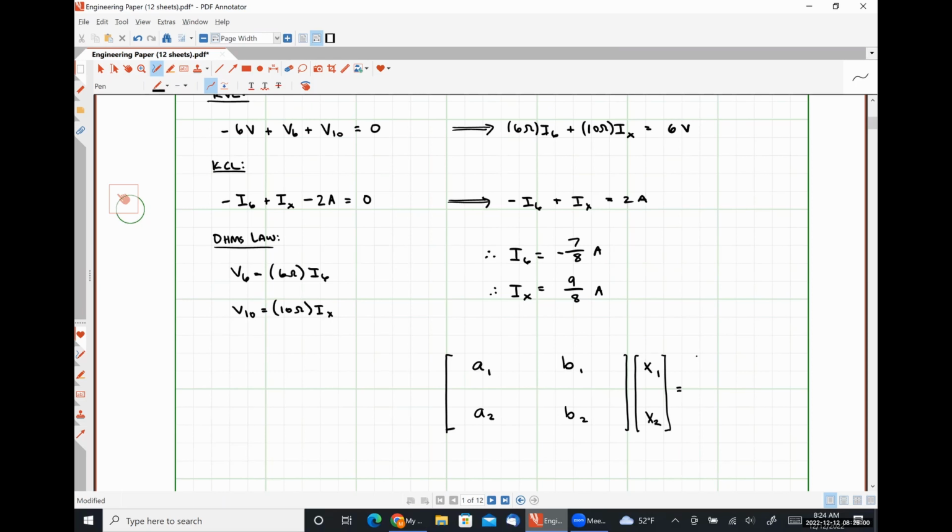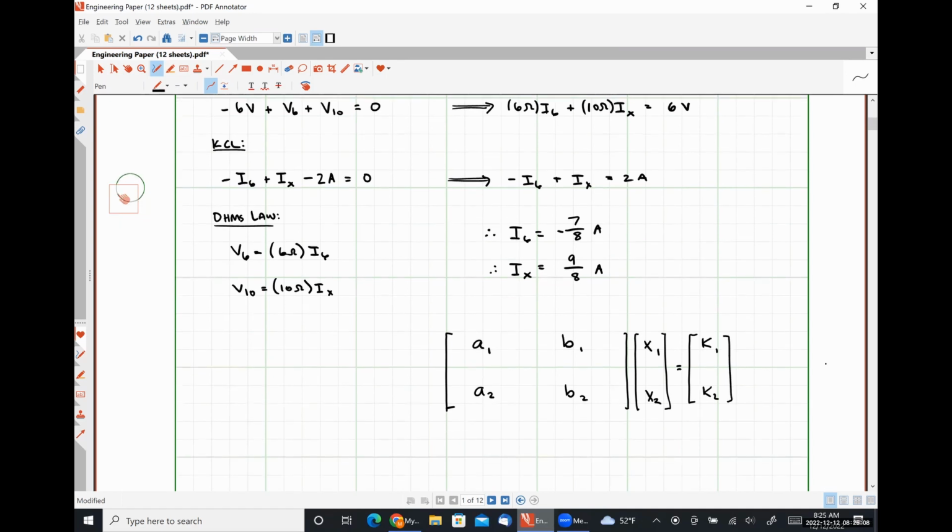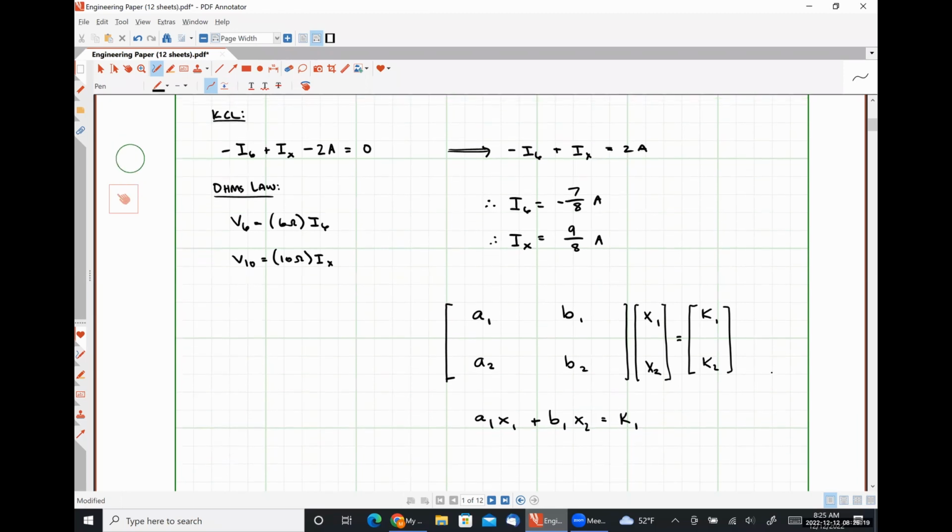And this is our constant term, which I'll call capital K1 and capital K2. So using matrix form, we would have A1 X1 plus B1 X2 is equal to K1, and A2 X1 plus B2 X2 is equal to K2.